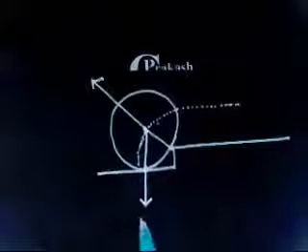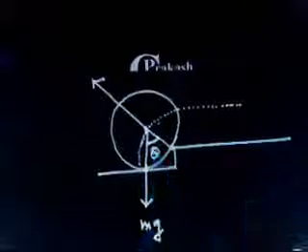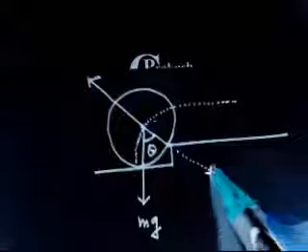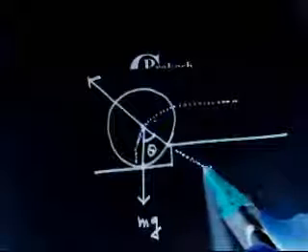So at this point of time, what are the forces acting? You will have mg acting. Let us say this angle is theta. So in this direction you will have mg cos theta. Are you getting?